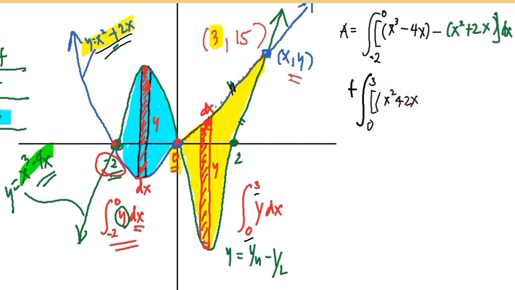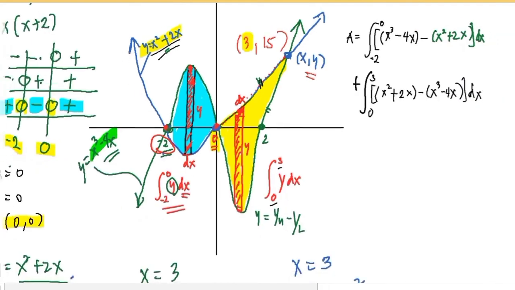Kaya importante na alam natin kung ano yung itsura ng curve para makapag-decide tayo at makikita natin, sino ba yung y up, sino ba yung y low, ano ba yung strip na gagamitin ko, horizontal ba o vertical? Pwede ko ba siyang gamitin pareho o isa lang pwede kong gamitin? So from that, mayroon kasi tayong visualization. Minus yung y low natin, yung green na equation natin, that's x cubed minus 4x. And this is dx, okay?